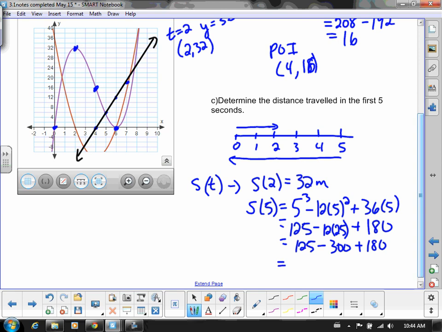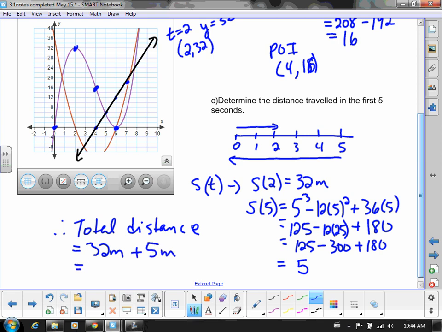So we end up with 5 when we work that out. 125, 180 is 305 minus 300 is 5. So therefore, the total distance equals 32 meters from 0 to 2 seconds plus another 5 meters to give us a total of 37 meters.